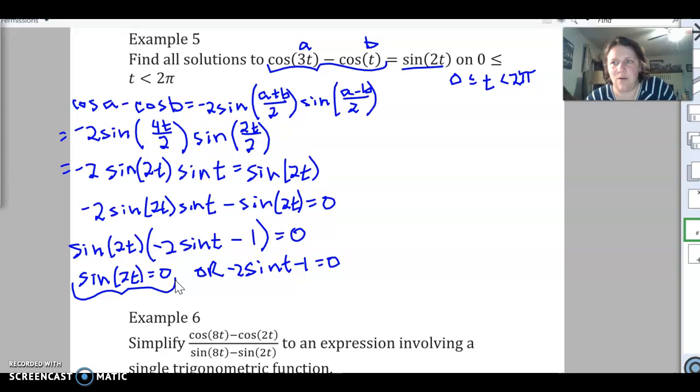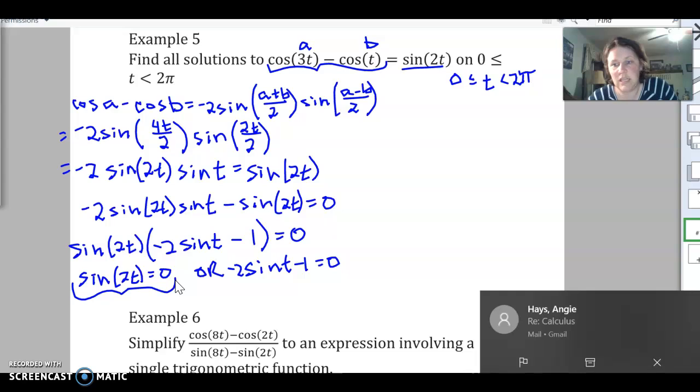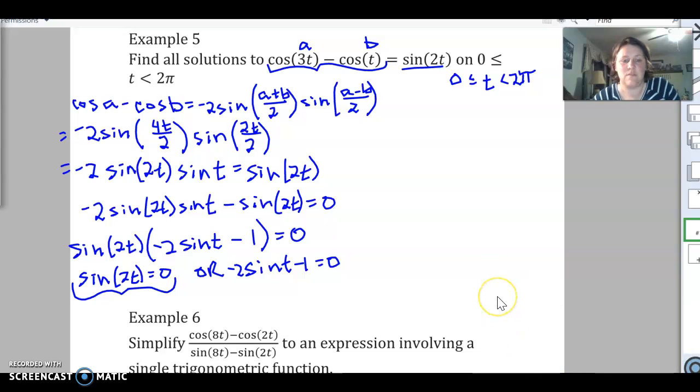Up until now, they've always given us an amount, like find the smallest one, or find the first 4 answers, or the first 3 solutions, or maybe 2 negative solutions. So we've had lots of different information come in for those. But now, all they are giving us is an interval, from 0 to 2 pi.